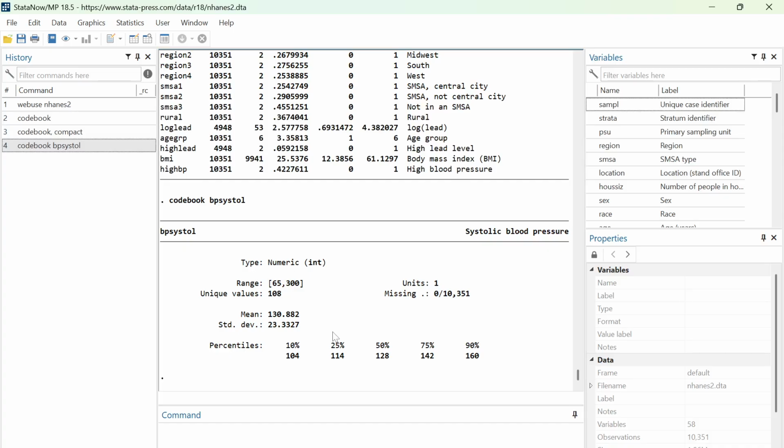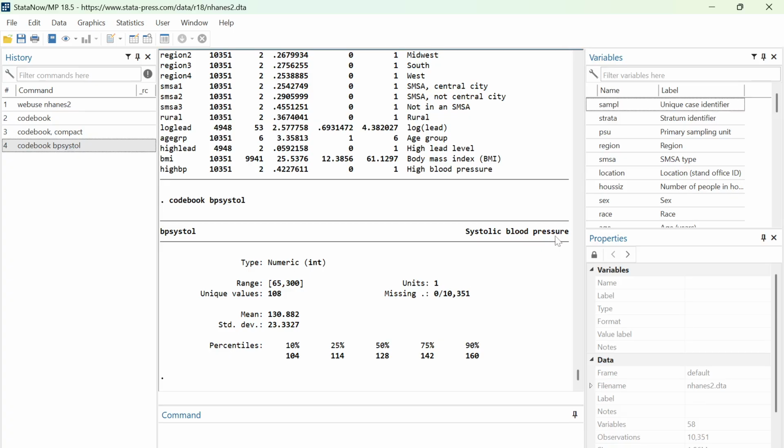But then you also get information about percentiles, like 10%, 25, 50, 75. So what does this mean? The 75th percentile, for example, means that 75% of people have less than 142 systolic blood pressure.